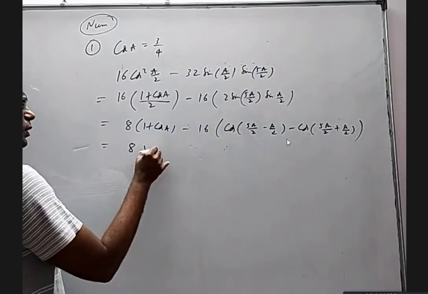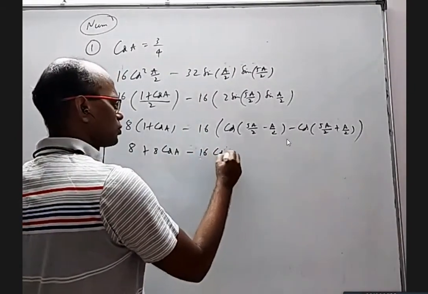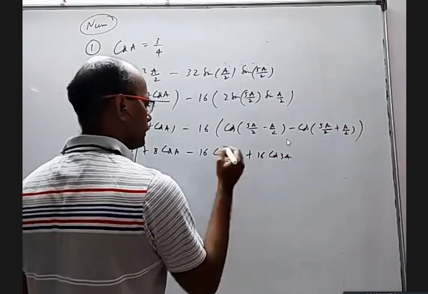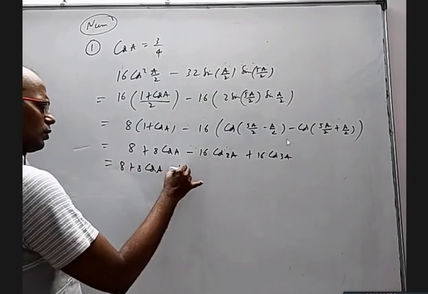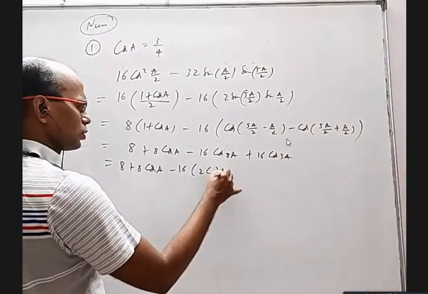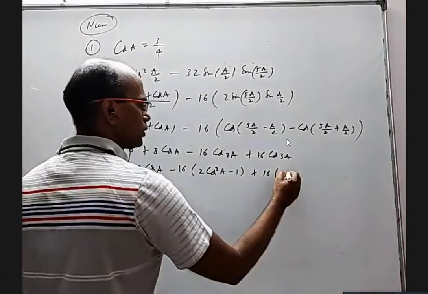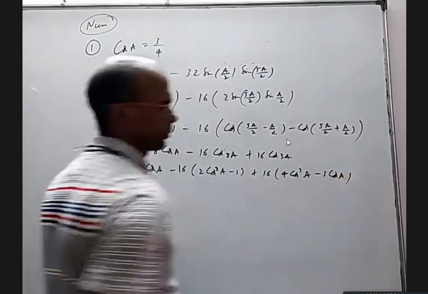So 8 plus 8 cos a minus 16 cos 2a plus 16 cos 3a. 8 plus 8 cos a, cos 2a I can write as 2 cos square a minus 1, and cos 3a I can write as 4 cos cube a minus 3 cos a.